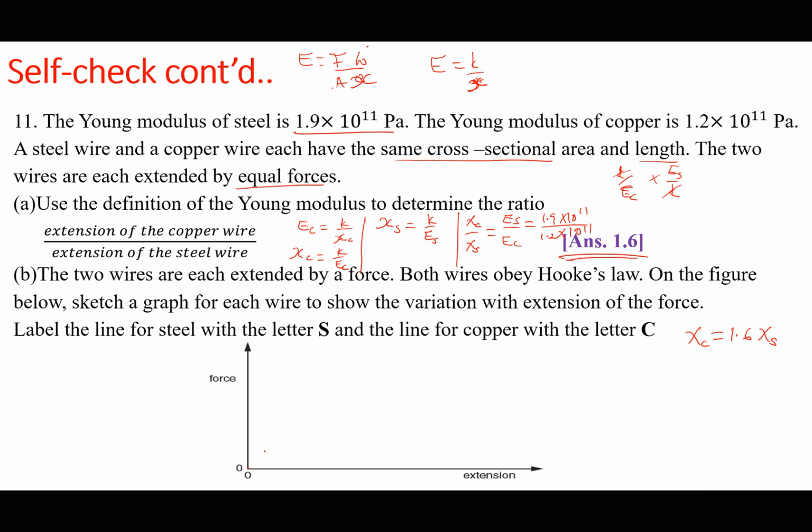Copper extends many times more than steel, so this will be copper and this will be steel. Steel is of course stiffer. That's why we said we can't use it for determining Young modulus in the laboratory.